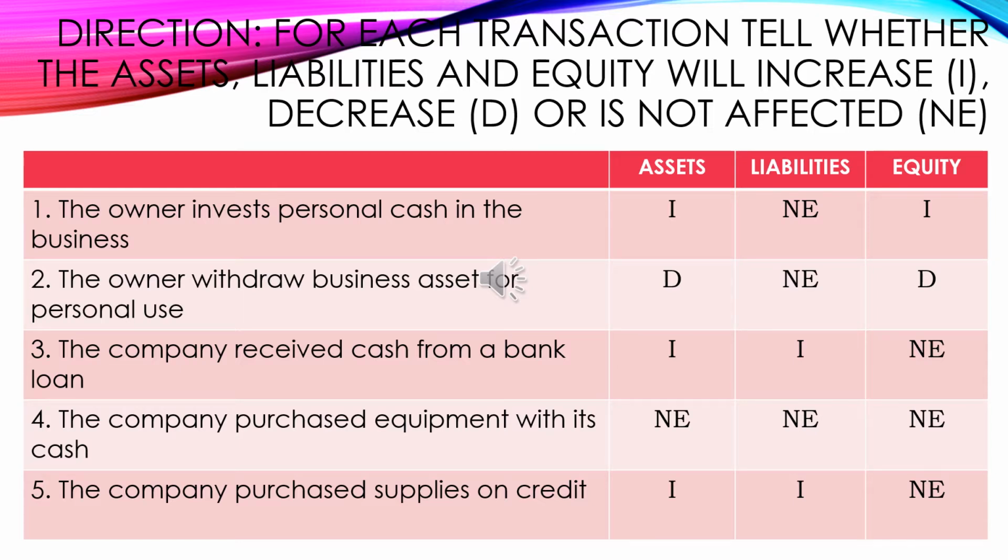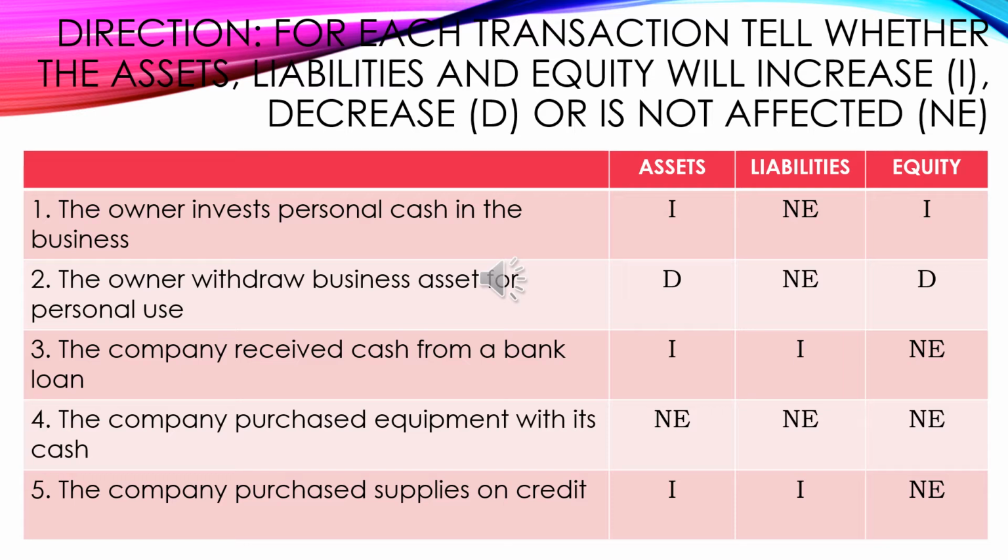And then for transaction number 2, the owner withdraws business assets for personal use. So when the owner withdraws business assets for personal use, that means the assets of the business decrease, and then the equity likewise decreases because the investment of the owner decreases.